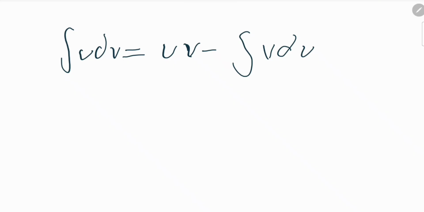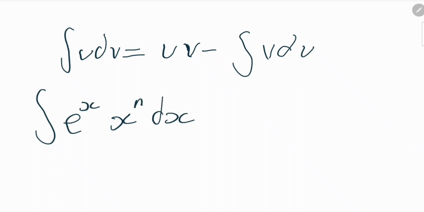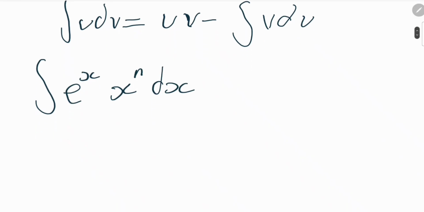Okay, so I'm going to show you an example, a very rough example of how this can be useful. Let's say we've got the integral of e to the x times x to the n dx. So how would we do this?